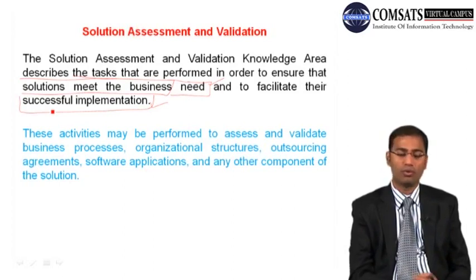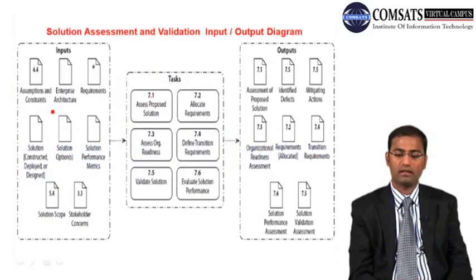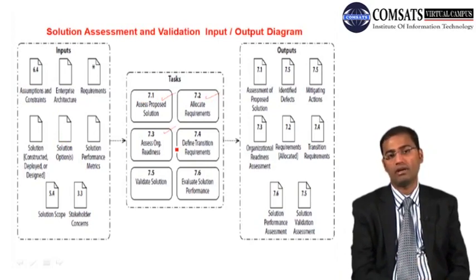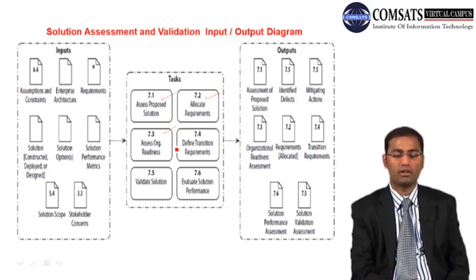So we are left with more things, and this is the input-output diagram. We had seen this, and we have discussed these three. And now, when we are apprehending if the organization is ready to accept the change or not, or what will be the solution's future, we need to understand transition requirements. What are those? And then we need to validate the solution.